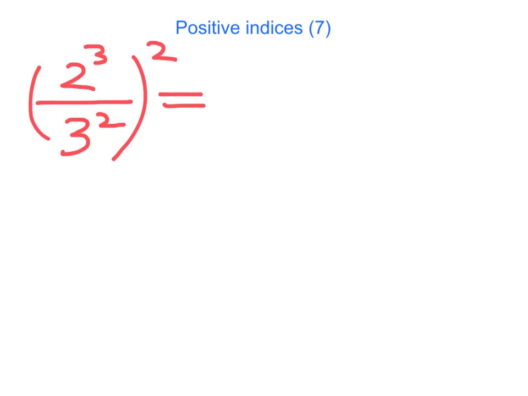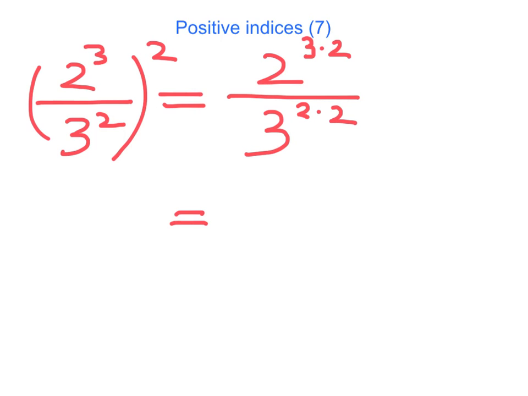Let's see how the law of multiplication can be applied in fraction algebra. As you can see in this example, you can see the bases 2 and 3 respectively. So we are getting started by using the law separately. 2 to the power 3 times 2, and for the denominator 3 to the power 2 times 2, and multiplying the indices, you have 2 to the power 6 and 3 to the power 4.